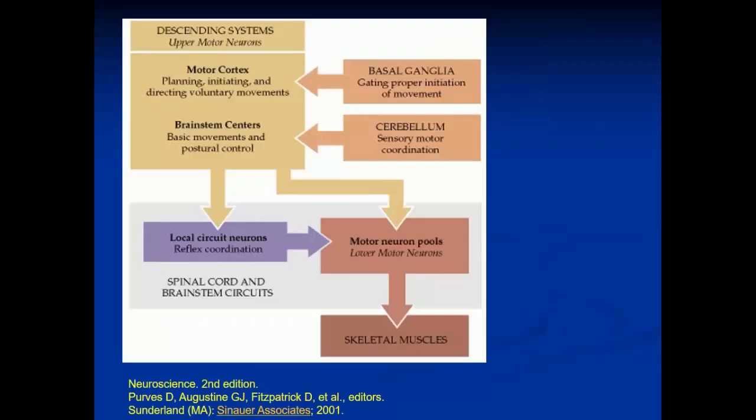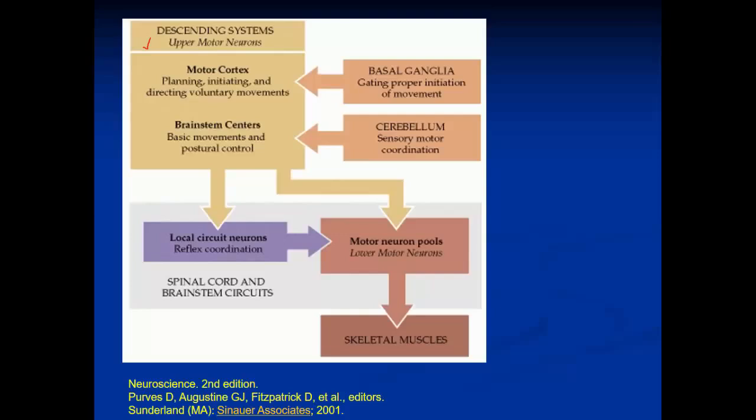Now, as you know, this primary motor cortex is ultimately going to lead to the movement of muscles by causing the activation of descending spinal pathways. Now, there's a kind of simplified way of looking at it. This is from a different textbook, but I think this is a great way to think about it. We can really think of 4 different systems being involved in movement. We're going to have these systems here, these descending systems.